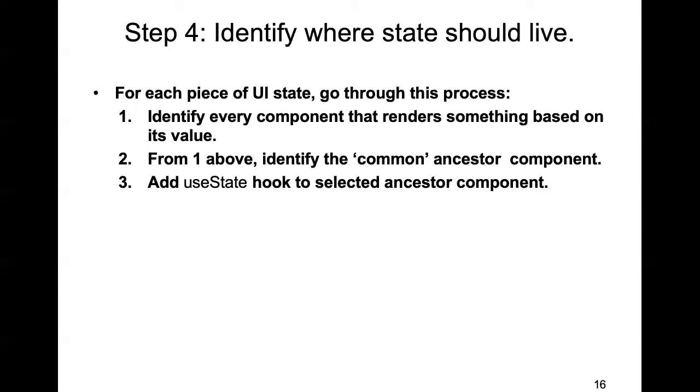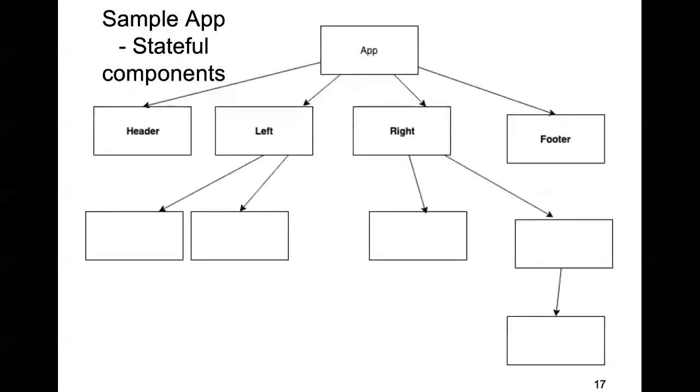Okay. So to apply step 4 to our sample app, we have our hierarchy here now. If we take each of the 3 state data that we identified from step 3. First of all, the filtering input. This is the component, if you can remember, that manages the filtering input part of our UI.